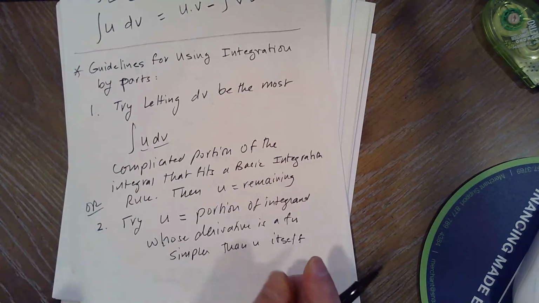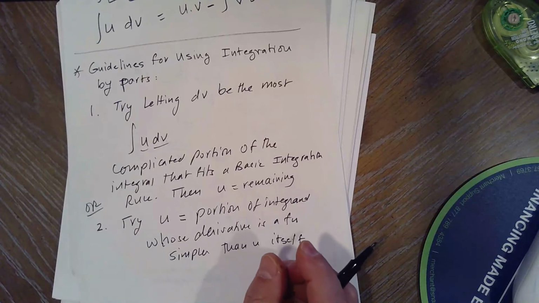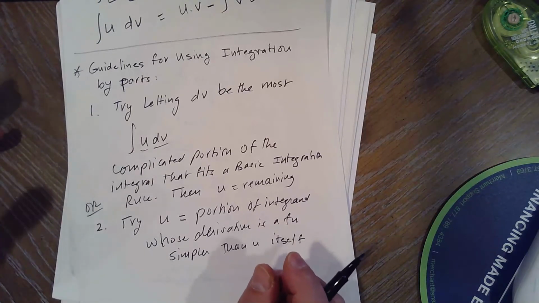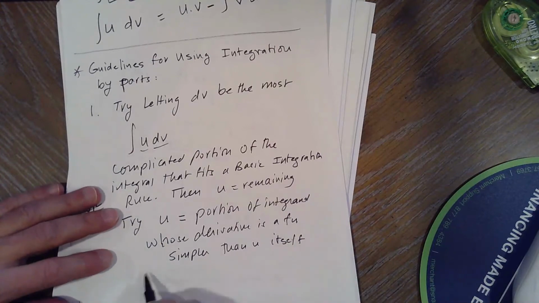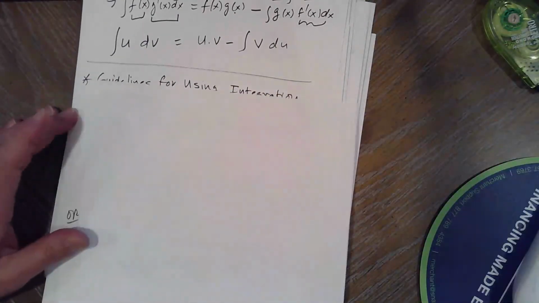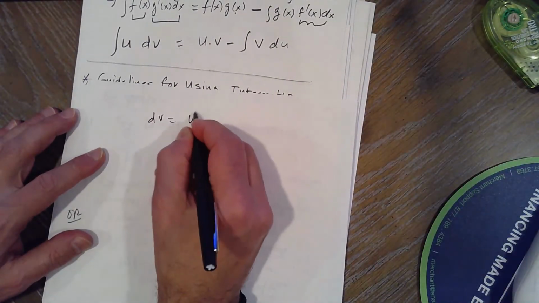So make sure when you choose u and you find its derivative, it should be simpler than u itself. If it's more complicated, then that won't work. And then dv would be what's remaining, okay? dv is what's remaining.